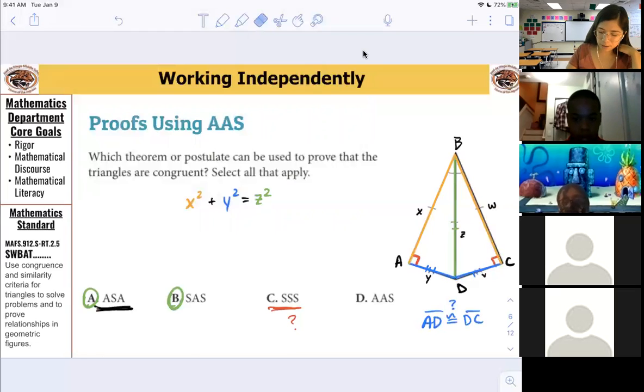Now, I know that side W is equal to side X, so I'm just going to replace that with an X. Can somebody give me the Pythagorean theorem for the triangle on the right side?